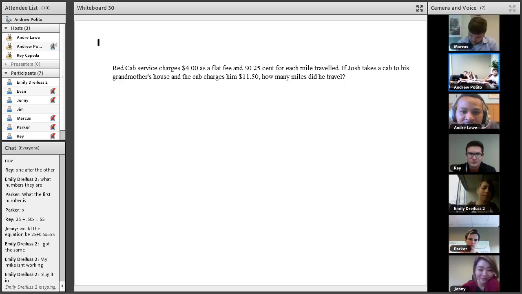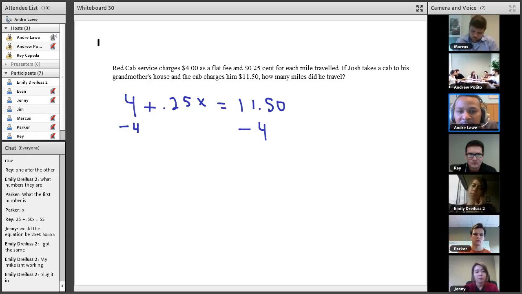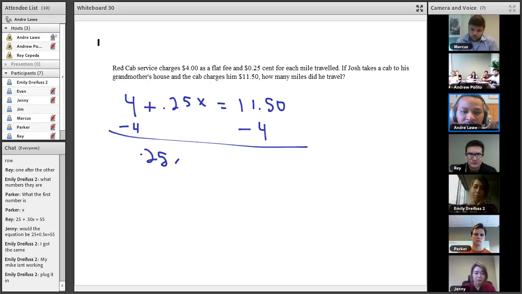Equals 11.50. Then we want to subtract 4 on both sides with the addition property. That's going to give us 0.25x equals 7.50. Then we use the multiplication property here to divide by 0.25, which is the same as multiplying by 4. And so x would be 30.